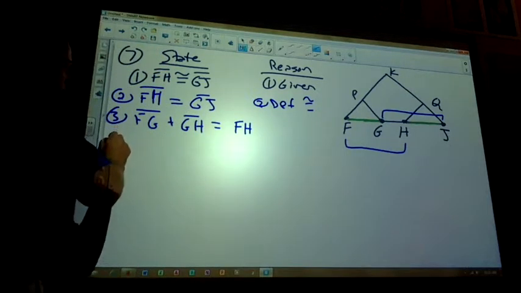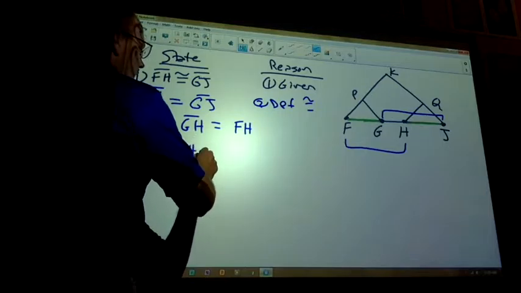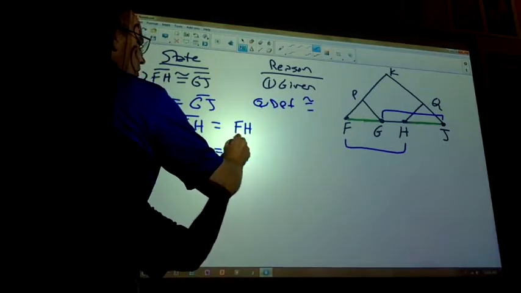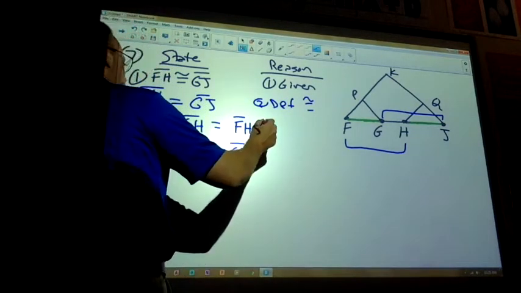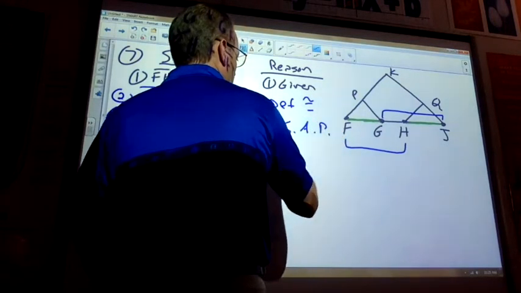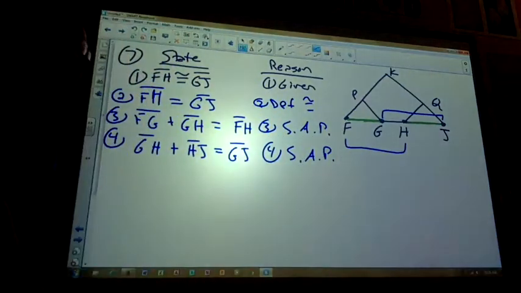And the same reason for number 4, we can say that GH plus HJ is equal to GJ. That was just segment addition.